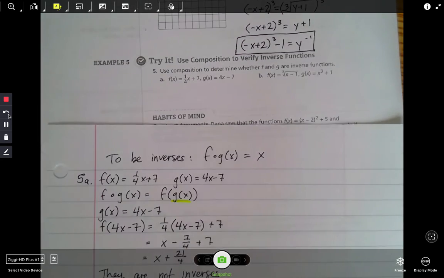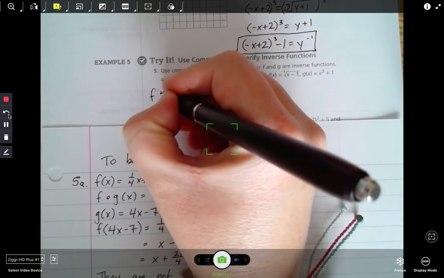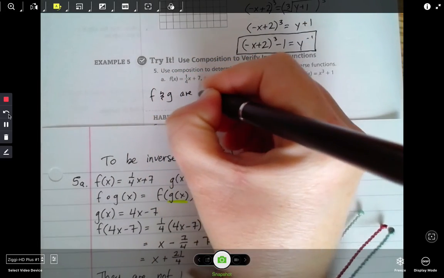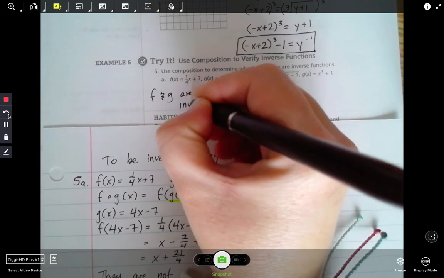So I'm going to say f and g are not inverses.